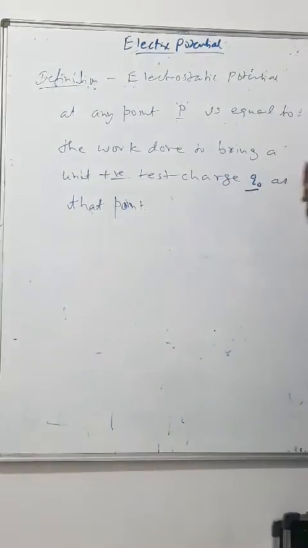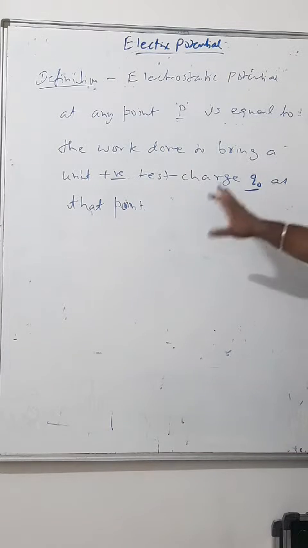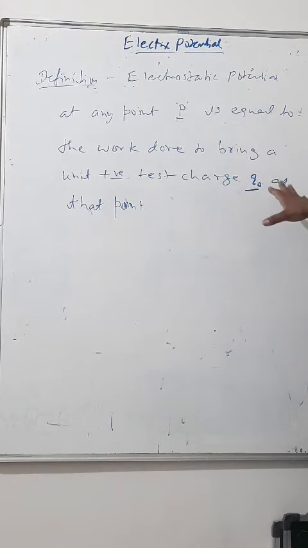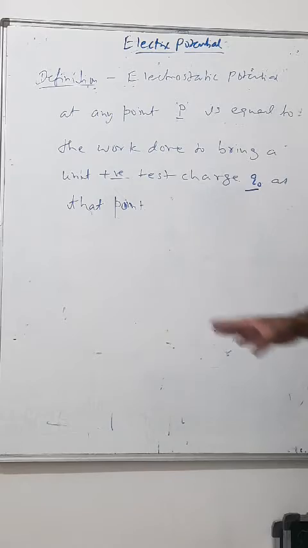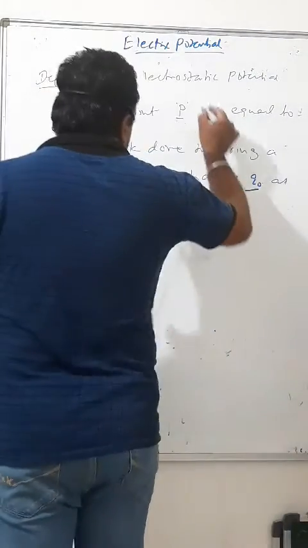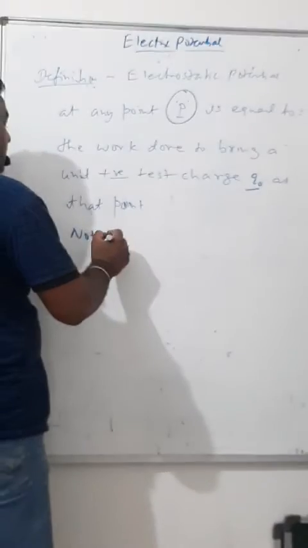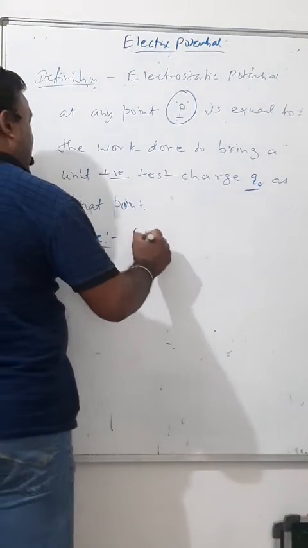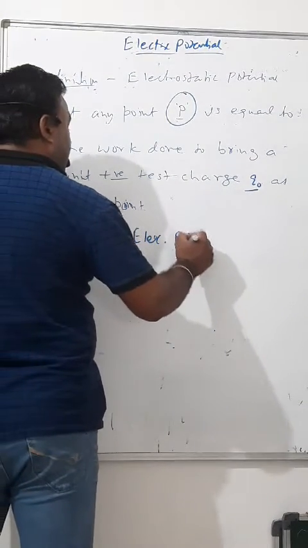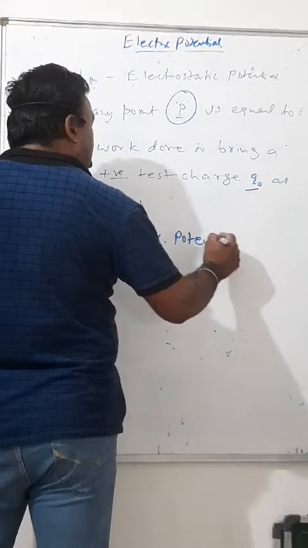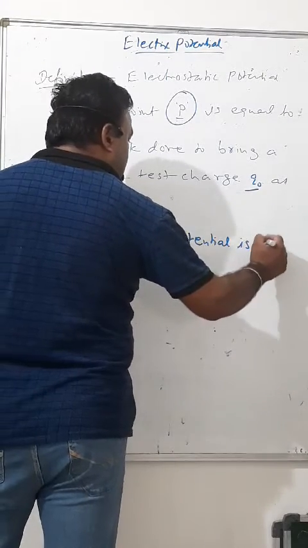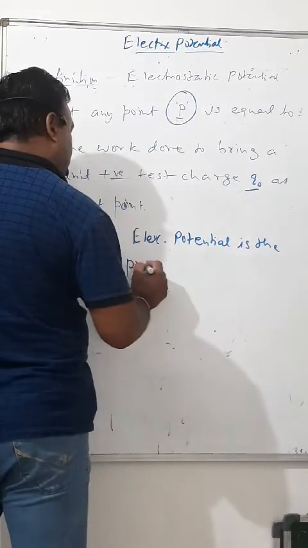Now, what exactly is the work done to bring this test charge Q naught to that point? The very important thing here, I write as a note: electric potential is the property of a point.